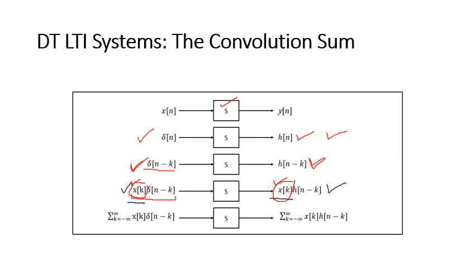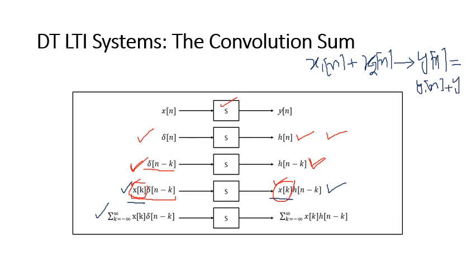Okay, then we use the superposition. The superposition is that if the input is x1 of n plus x2 of n, you have done this for the linear system, this is the superposition property, it will produce y of n such that y of n equals y1 of n plus y2 of n.